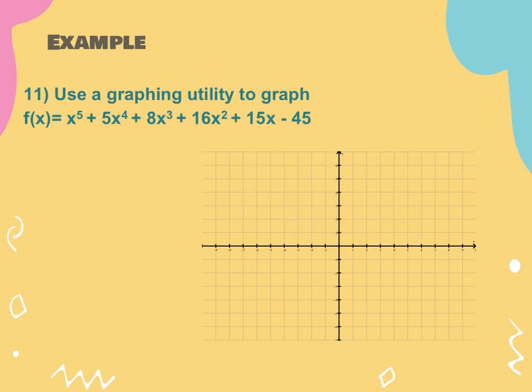So look at this one. That would not be fun to graph by hand. So I type it in. This time I'm going to do the graphing utility on the iPad. Come on. There we go.